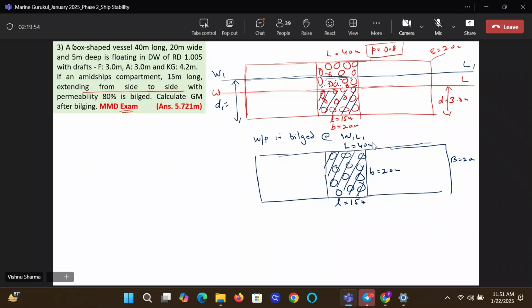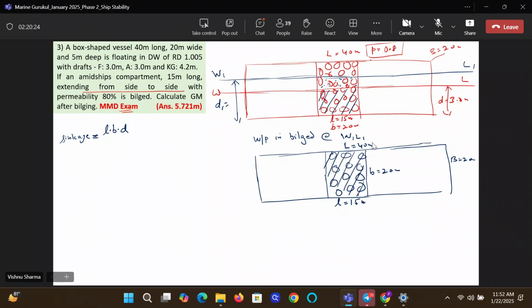Now, guys, see, sinkage is equal to lost buoyancy. Now, lost buoyancy comes from the upper diagram. If there was no cargo, the lost buoyancy would have been LBD. Am I right, guys?